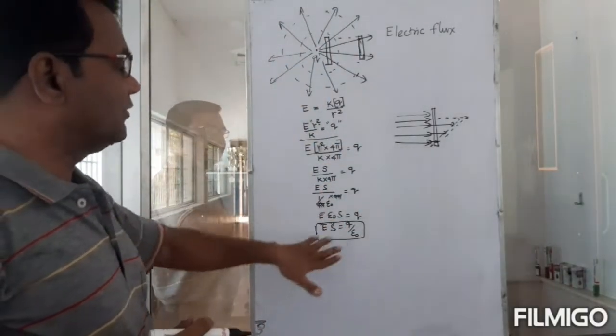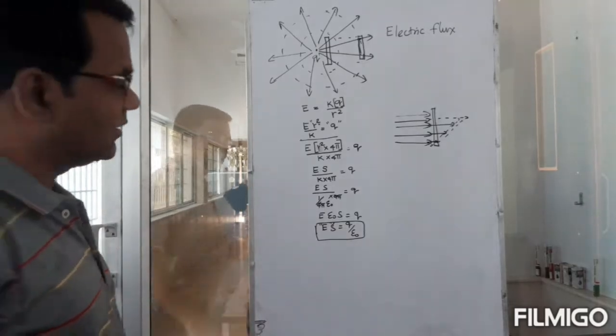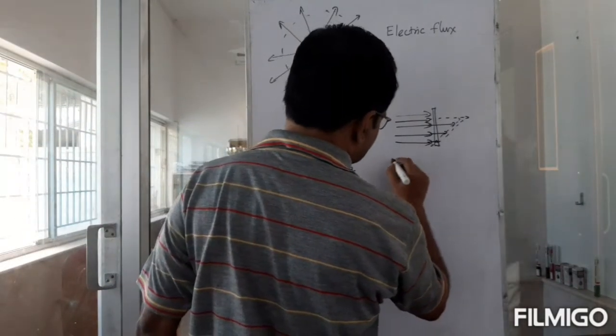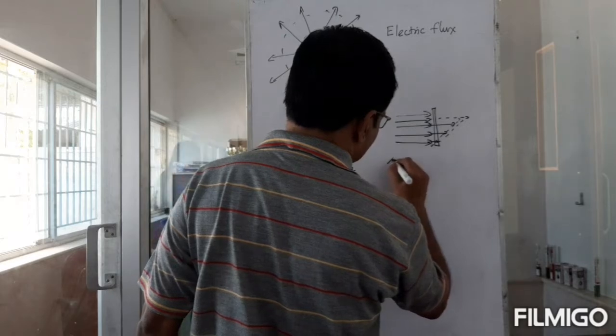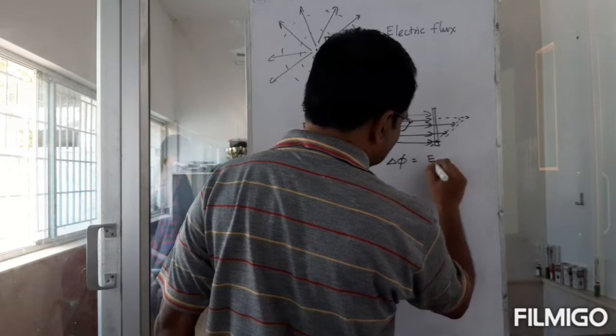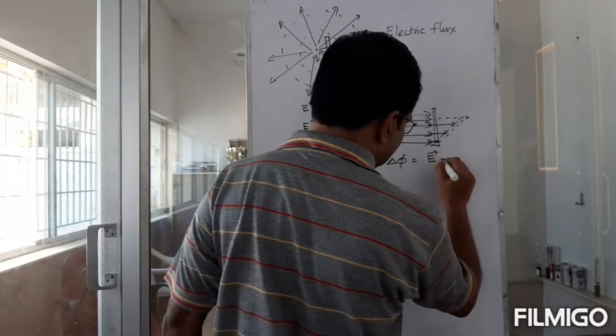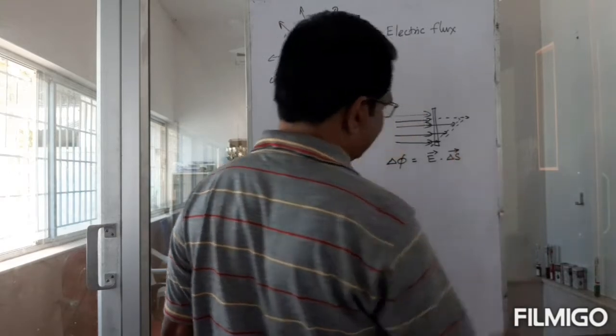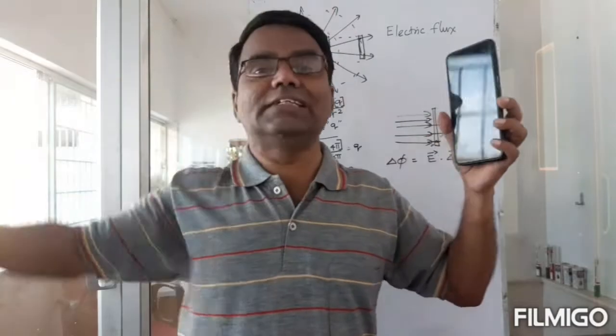So if I were to mathematically represent this, then I would say that the electric flux, delta phi, is equal to E vector dot delta S vector. Delta S is that small area. I'm not taking the entire area.